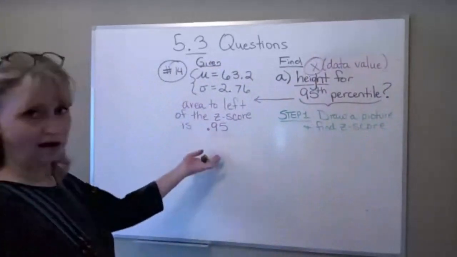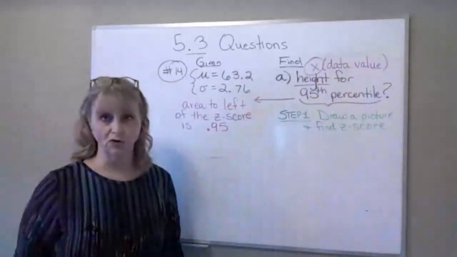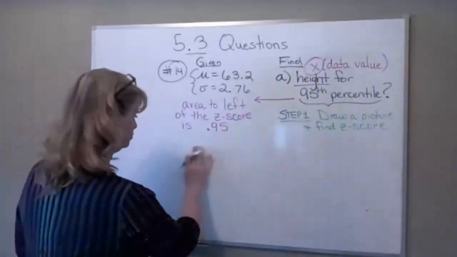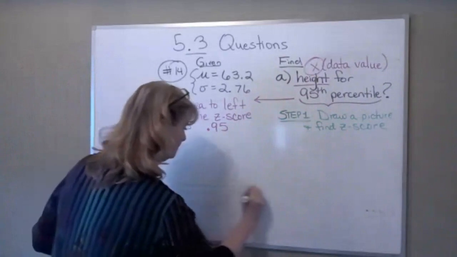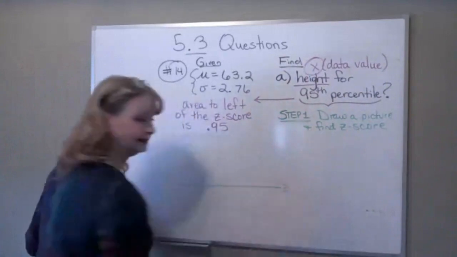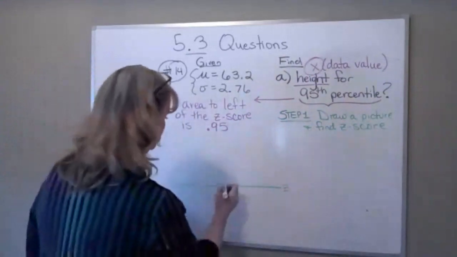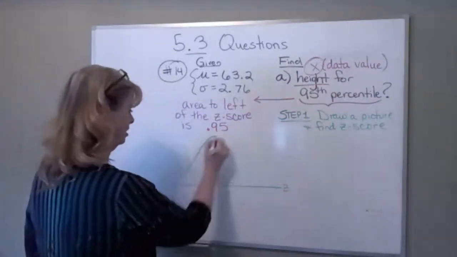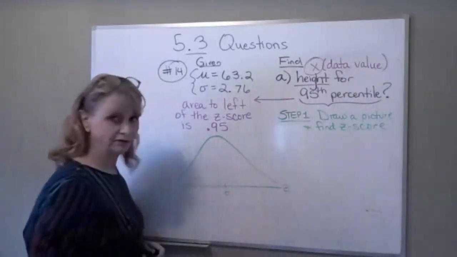Anytime you have area and you're looking for a z-score, you're using the table backwards. So I'm going to draw a picture here. I'm going to label this Z. So remember z-scores go here. I'm going to put 0 in the middle and draw a normal bell curve.